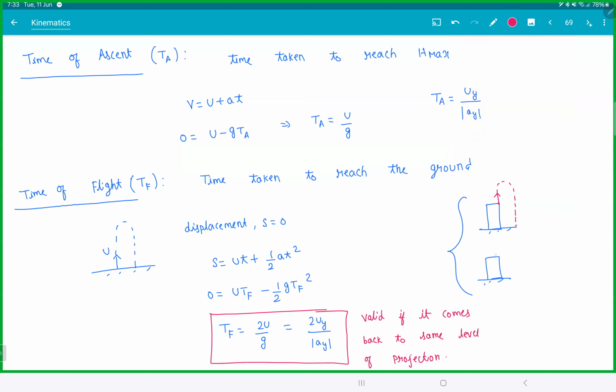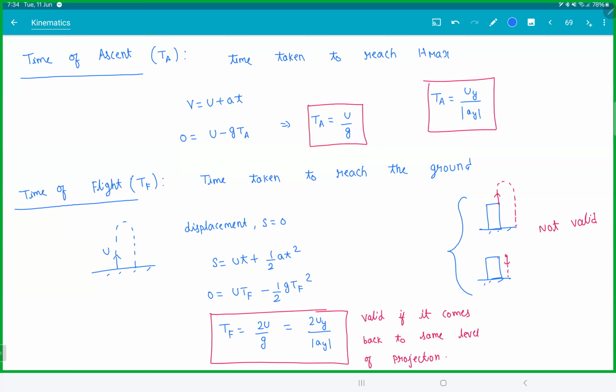You're not coming to the same level. Or if you throw from a building downwards, it is not valid here. For this, we have to use a different way. We will see that later on. So this formula is valid only if you throw and you come back to the same level. So keep that in mind. Don't blindly use the formula 2u by g everywhere without understanding. It is good to remember formulas, but you should know when to use and when not to use.